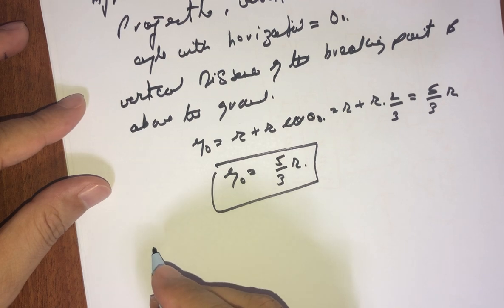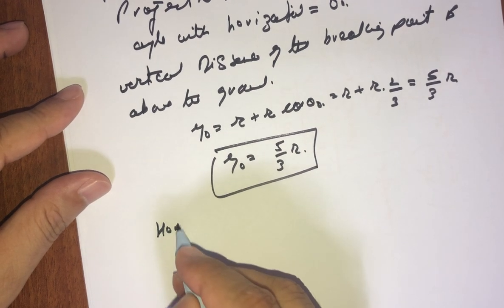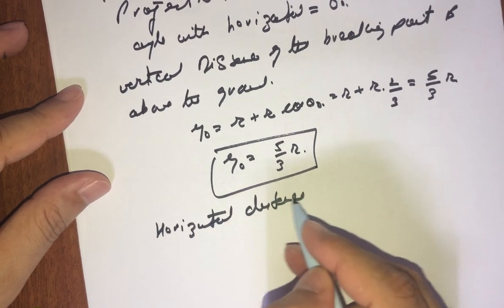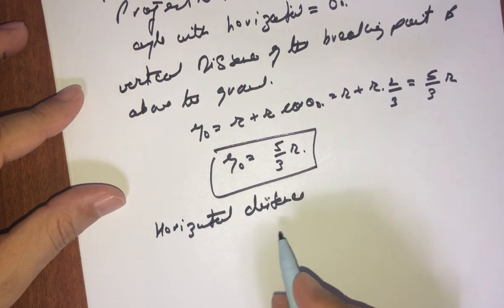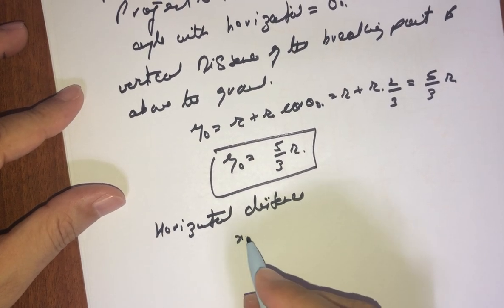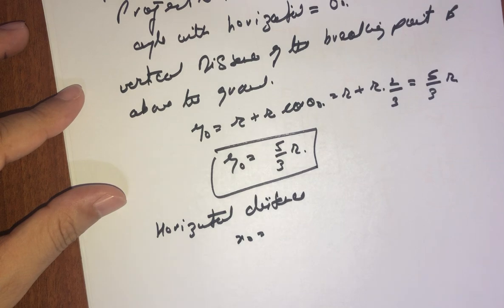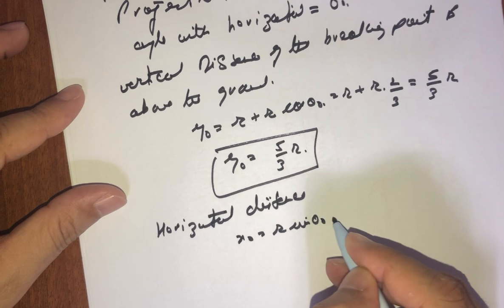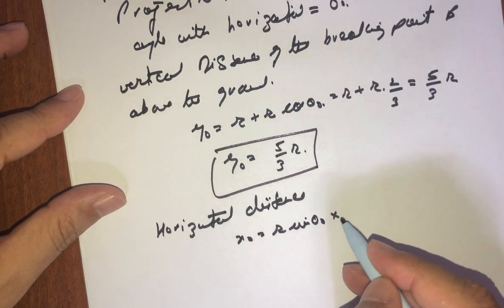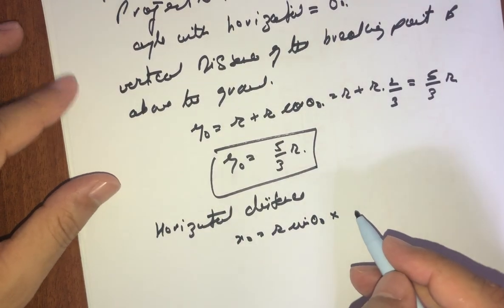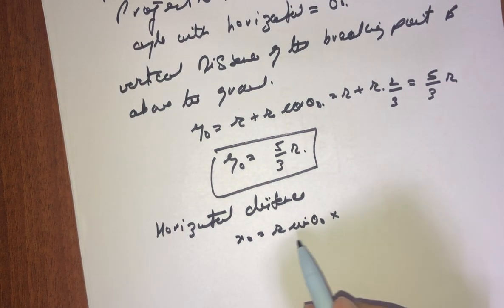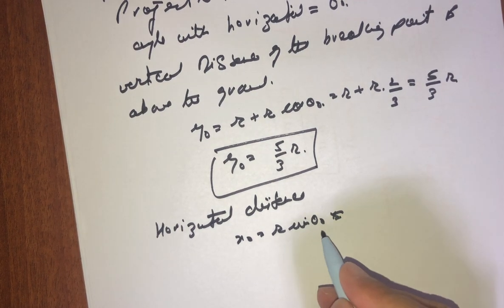Similarly, we are going to find the horizontal distance, which will be nothing but x naught, which means r sine of theta naught.